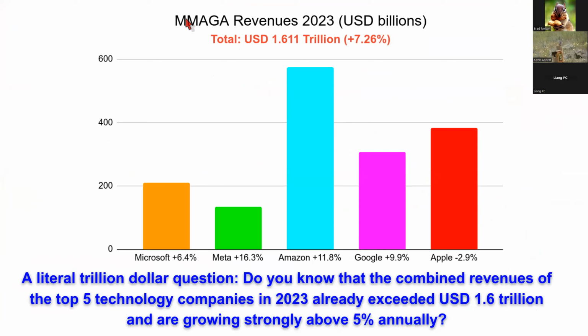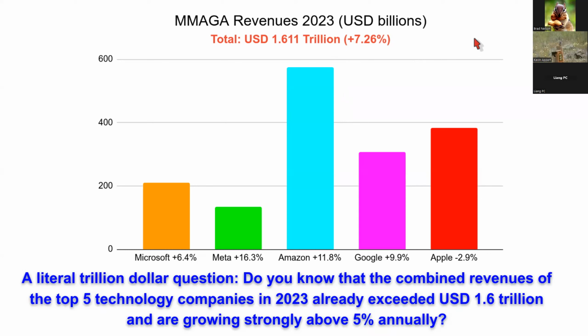I think it's a coincidence that they have the initials MNAGA, so it's nothing political. Anyway, what I wanted to emphasize here is that they are actually making $1.6 trillion in 2023.